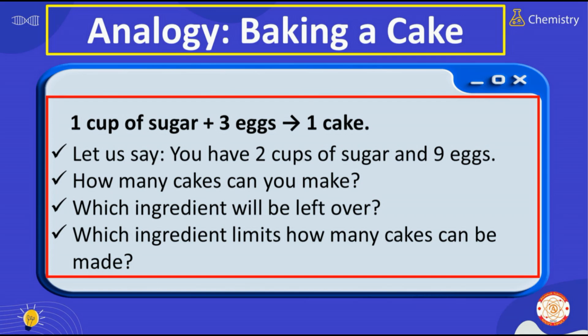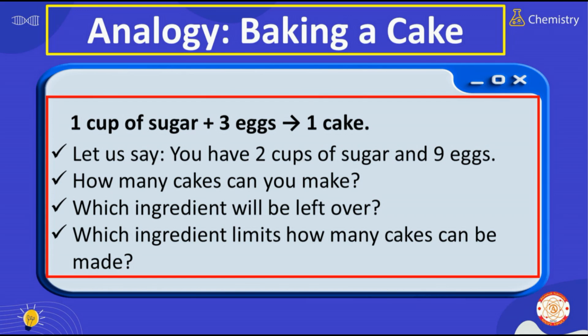So we can make 2 cakes, right, from the above combination, because sugar runs out first. And after making 2 cakes, you will have 3 eggs left over.